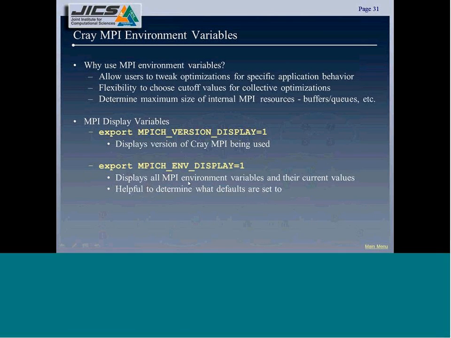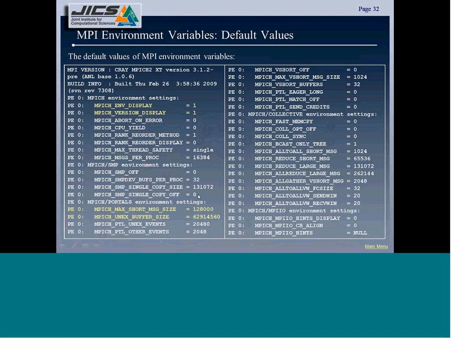So the second one displays all MPI environment variables and their current values. So the output that you will get if you use MPI version display and MPI env display 1 displays all of the MPI environment variables.